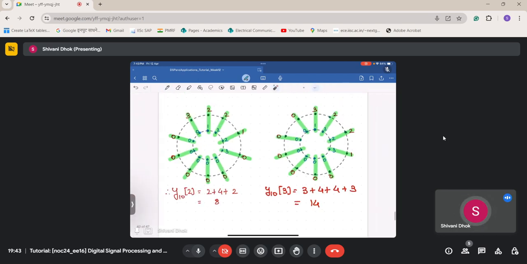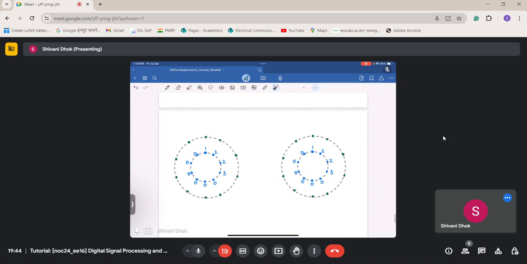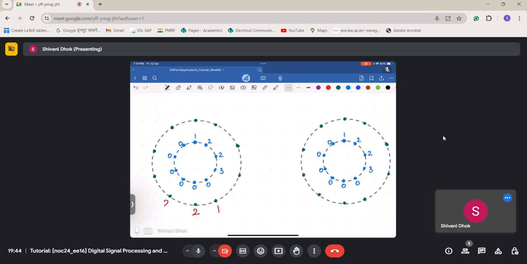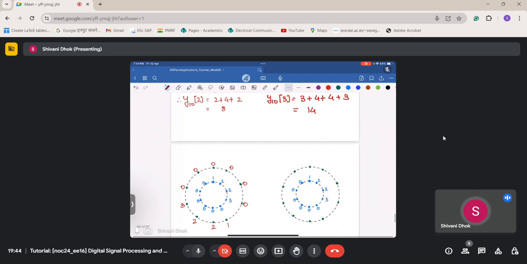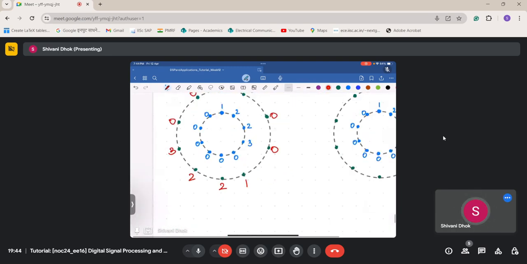Then now I am at this location, I'll again shift by 1 location here. So I'll be now at this point. So I'll have 1 2 2 3 0 0 0 0 0 0, and this thing here will be y10 of 4.